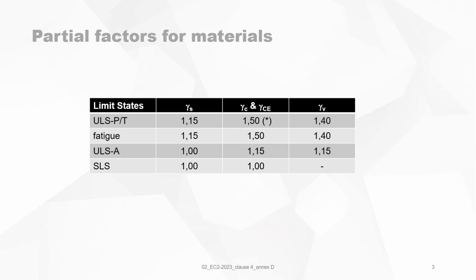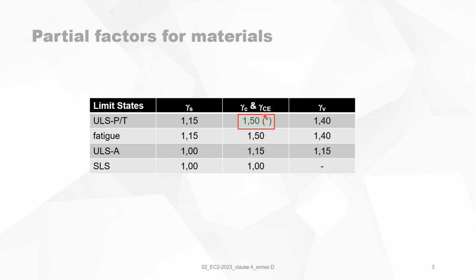Concerning the partial factors for materials, when you look at the different limit states, we can determine the material factor for reinforcing steel and for concrete. We see that for concrete in ULS, the ultimate limit state, the material factor is 1.5, like it is today.